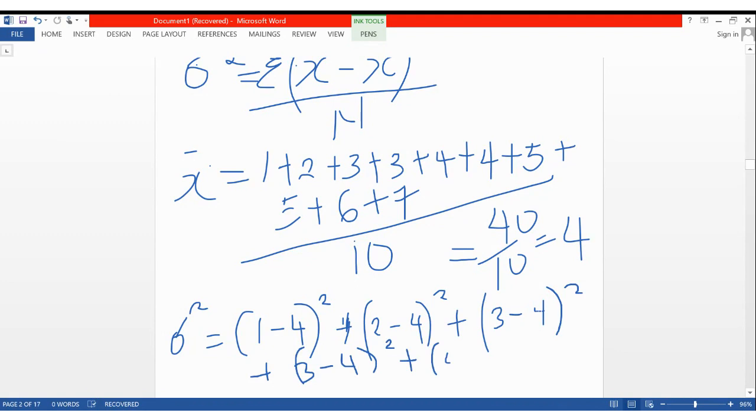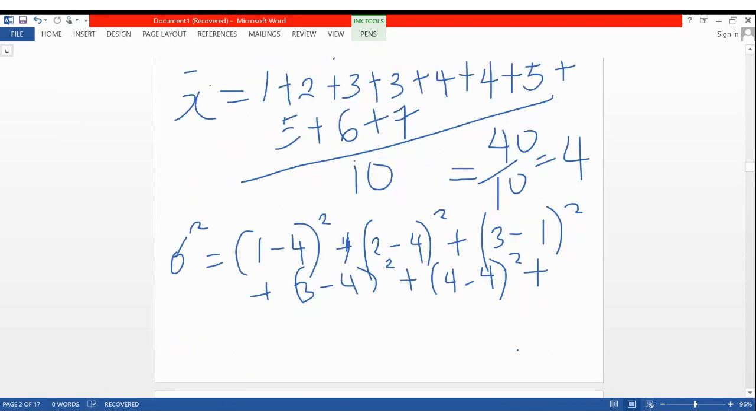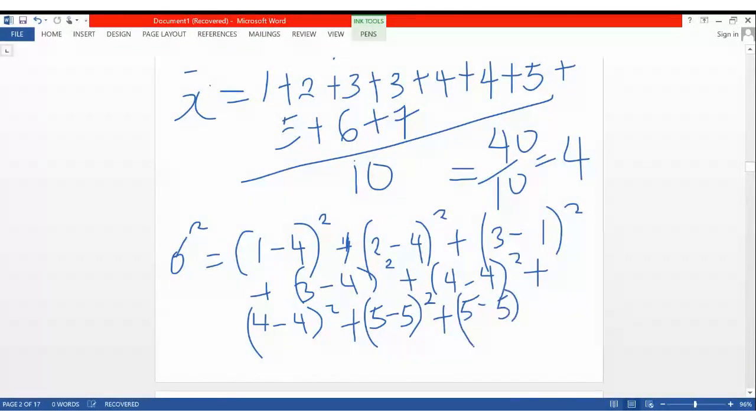4 minus 4 squared, 5 minus 4 squared, and 5 minus 4 squared, plus 6 minus 4 squared, 7 minus 5, sorry, 7 minus 4. This one is 4.